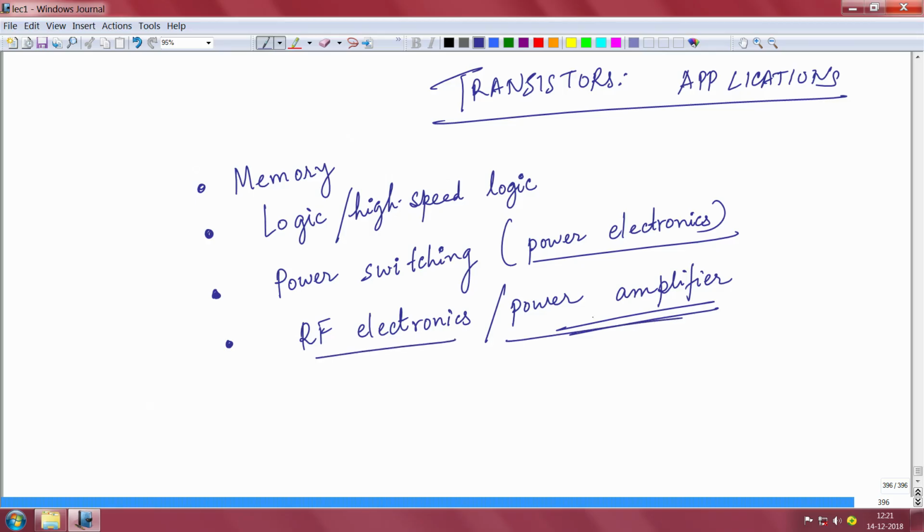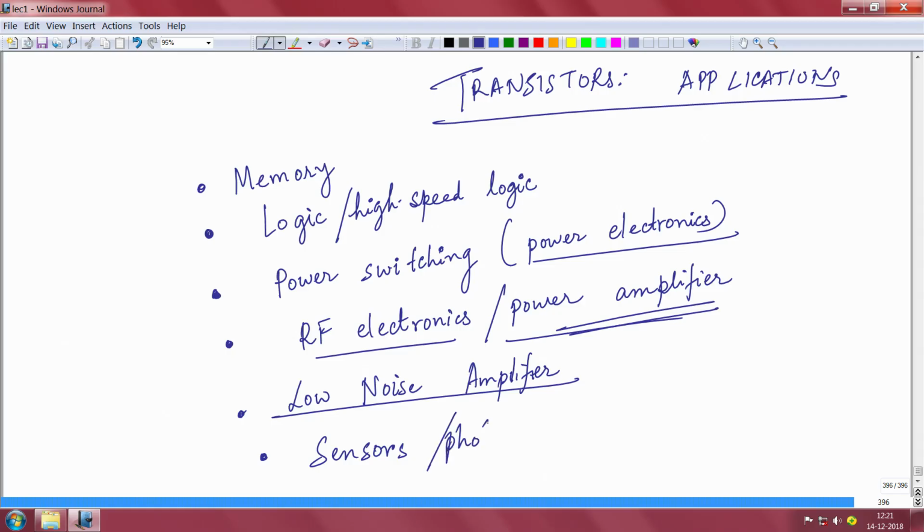Then of course there is the low noise amplifier. Okay, in a low noise amplifier, the transistors are there to essentially eliminate noise, so that they can operate in a very low noise situation. Then of course you can also use transistors as sensors, by the way. You can use them as phototransistors, right, and there are many other applications, but these are the primary applications.